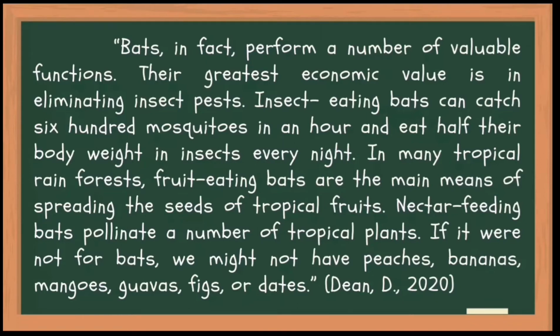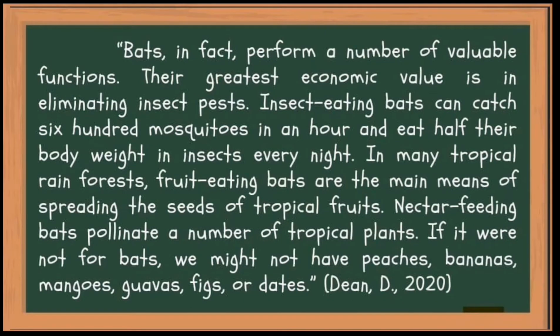Here's the text. According to D&D 2020, bats in fact perform a number of valuable functions. Their greatest economic value is in eliminating insect pests. Insect-eating bats can catch 600 mosquitoes in an hour and eat half of their body weight in insects every night.